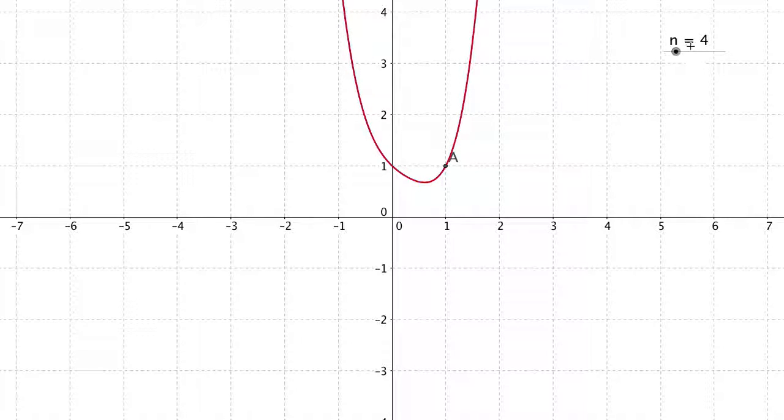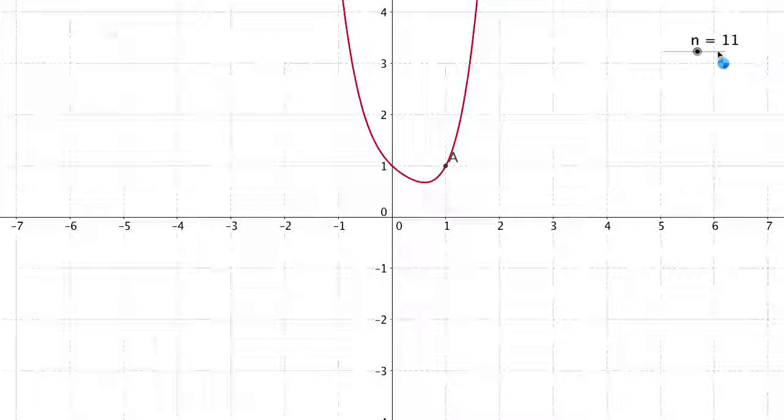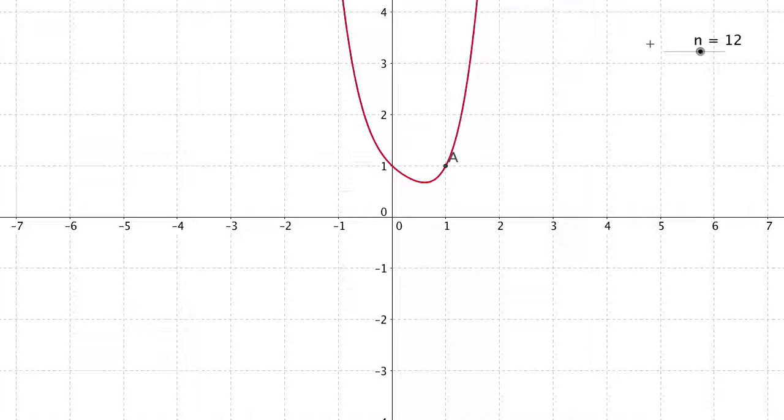And as I add on extra terms, I'm not actually going to add anything else because all of the higher derivatives will be 0, so it doesn't change anything. You can see as I add on more and more terms, I still have the same function. Okay, so that is that.